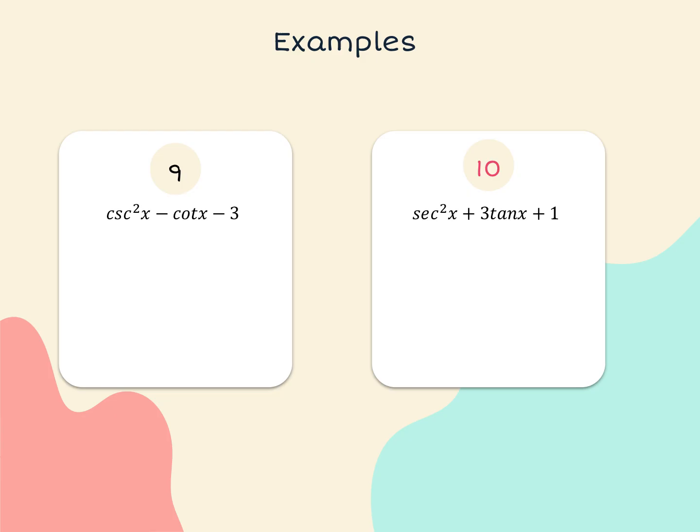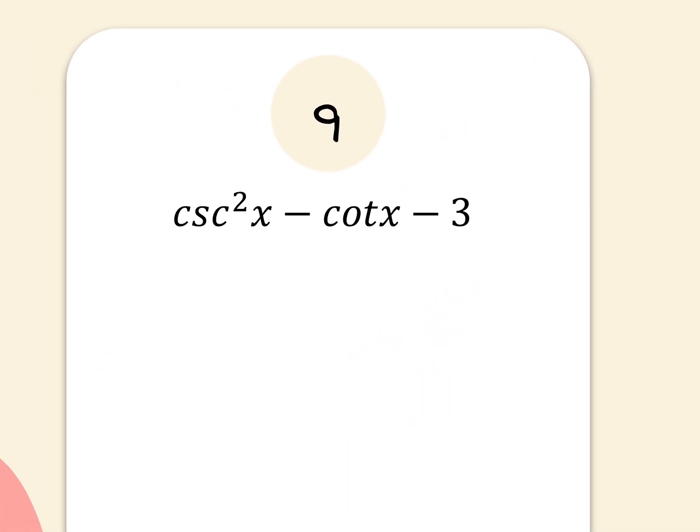All right, notice that these kind of look the same as what we just did. Your instinct is going to be to factor it just the way it is, which is perfectly fine. I mean, that makes sense. It's just there's an issue when you try to do that. Notice that in number 9, we see a cosecant and then a cotangent.